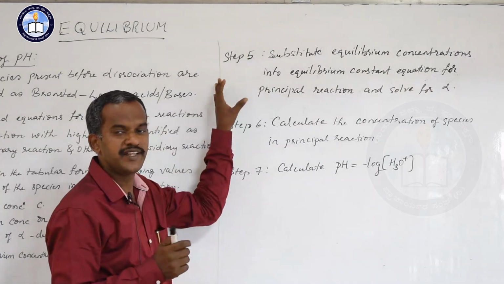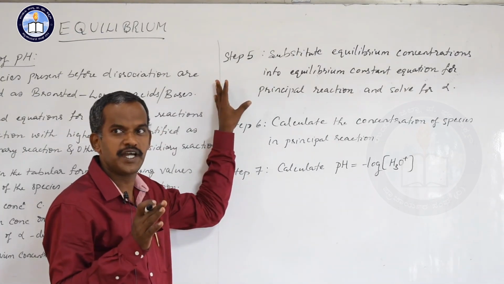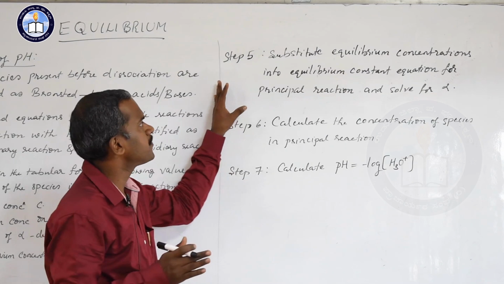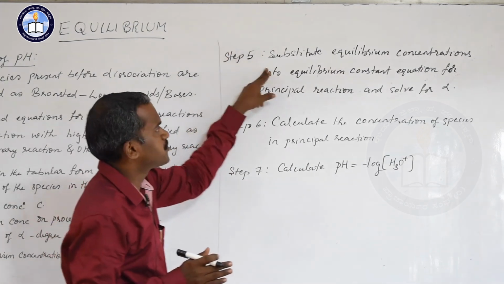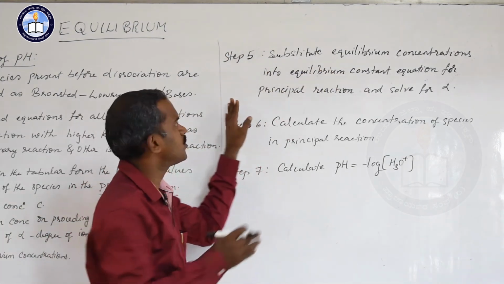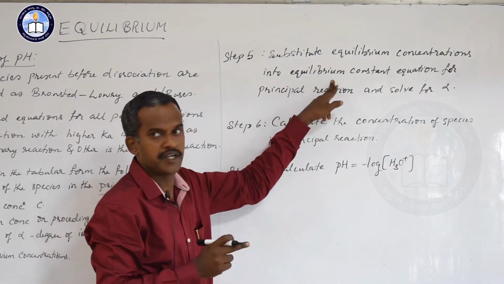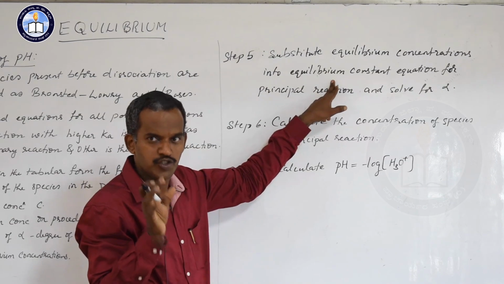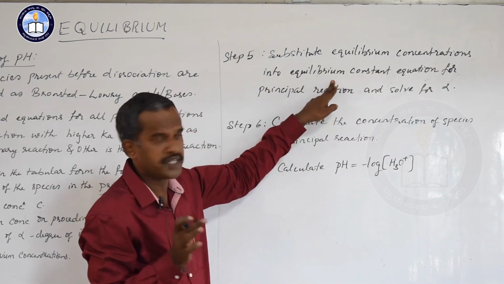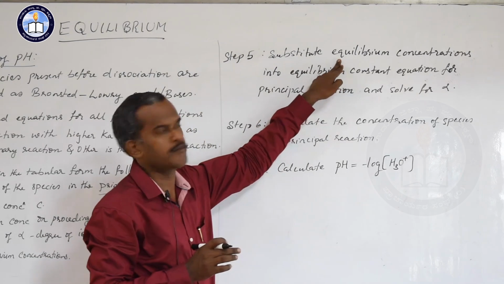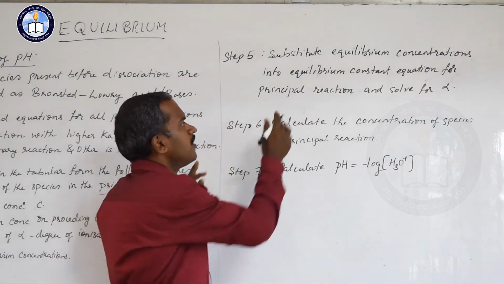So after writing the values of initial concentration and concentration at equilibrium, now step 5, substitute the equilibrium concentrations into the equilibrium constant equation. You know what is the equilibrium constant equation? For the given dissociation, we can write the equilibrium constant equation. There you substitute the value of equilibrium concentration only for the principal reaction.